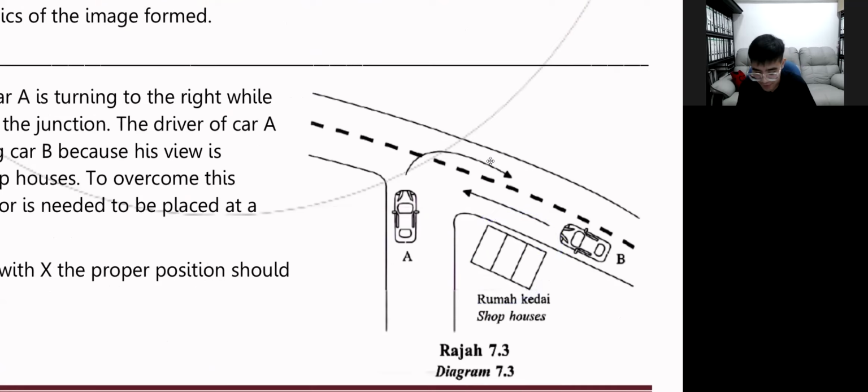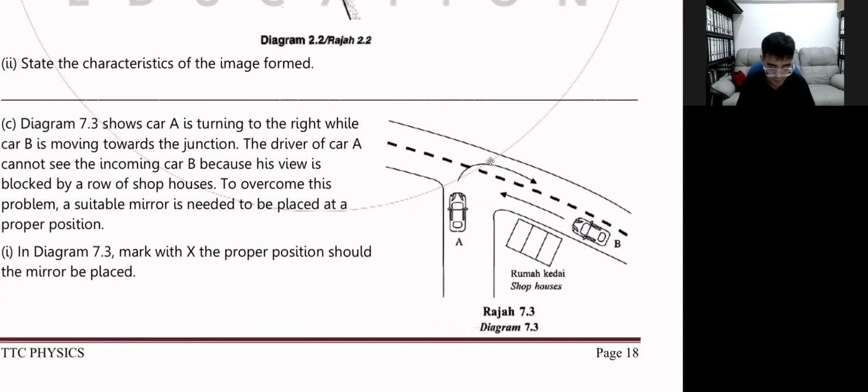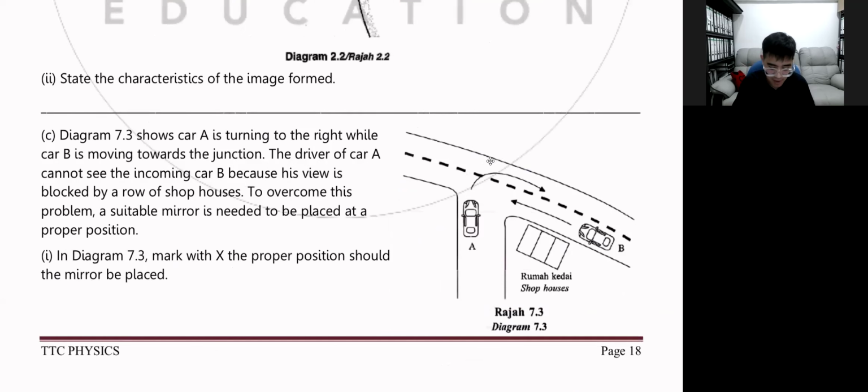Car A assumes there's no car from the junction, and car B also assumes there is no car coming out because of the shop houses blocking their view. Car A can just come out, and then car B will hit car A. So it's very dangerous. That's why we have to put the convex mirror at the proper position.